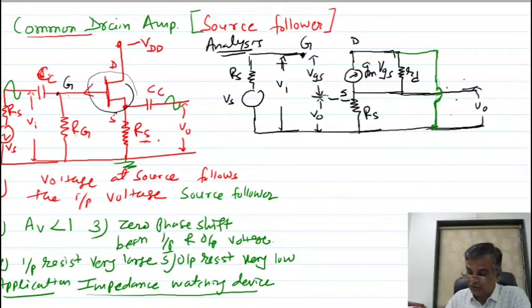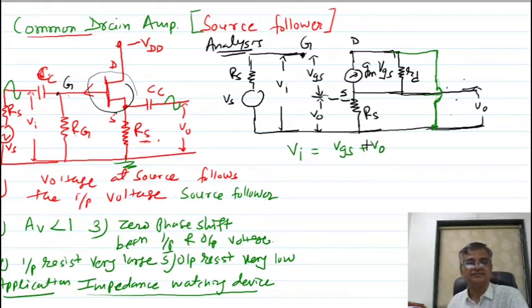From this circuit you can say Vi is equal to VGS plus VO. What is this input voltage? VGS plus VO. You can see clearly this Vi is VGS plus VO.